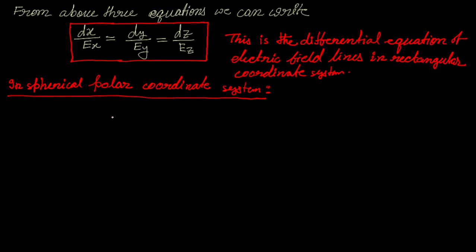The elementary length associated with r is dr, so we can write the differential equation of electric field lines in spherical polar coordinates this way: dr divided by the r component of the electric field is equal to the elemental length associated with theta, that is r d theta, divided by E theta, is equal to r sine theta d phi, the elemental length associated with phi, divided by E phi.